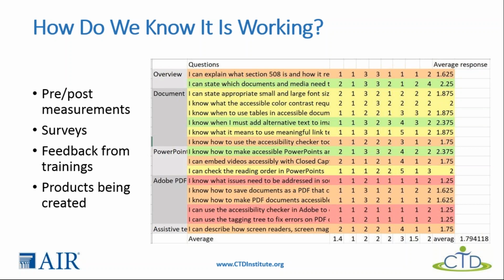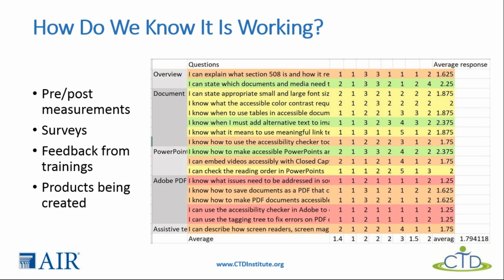And then ultimately the feedback is looking at what products are being created and whether those products are meeting the requirements. If people are creating PowerPoints, are those PowerPoints accessible? If people are creating Word documents, are those Word documents accessible? If they're creating PDFs, are those PDFs accessible?